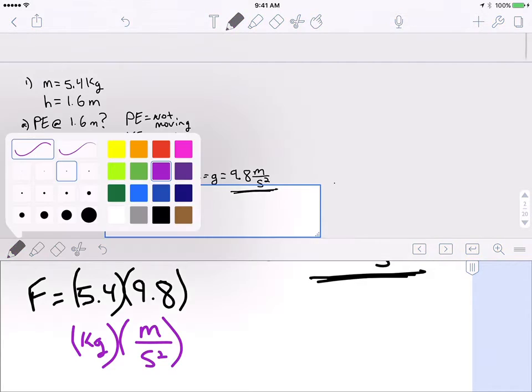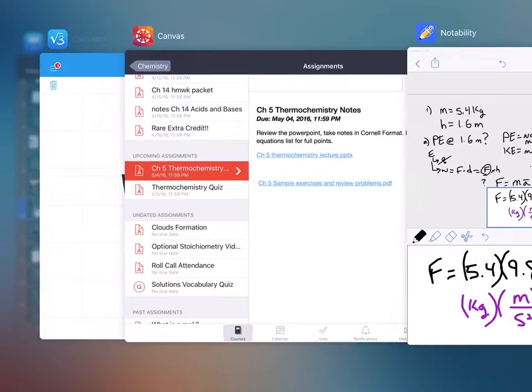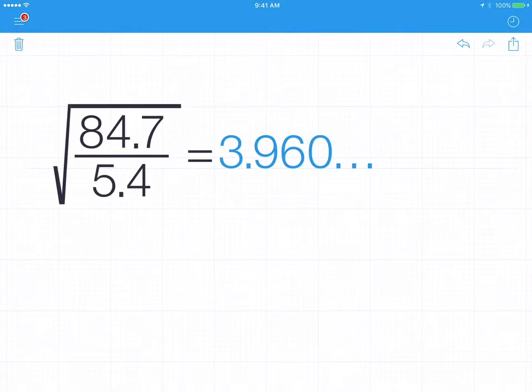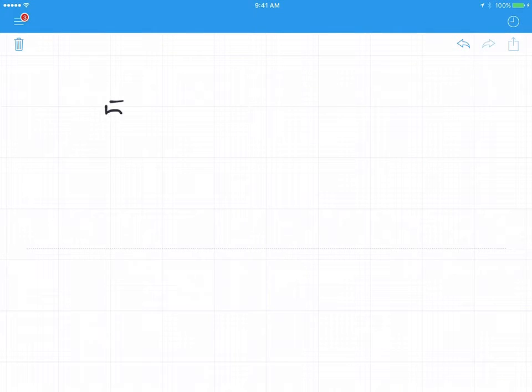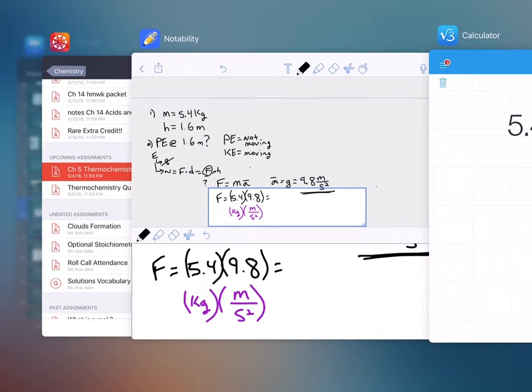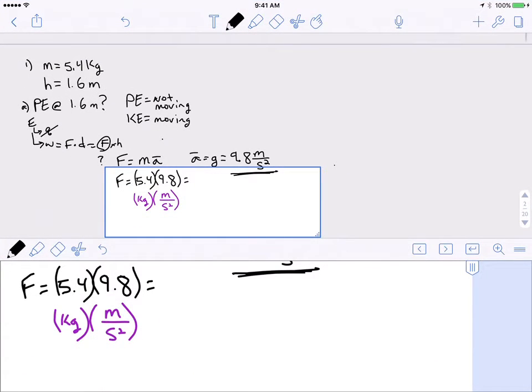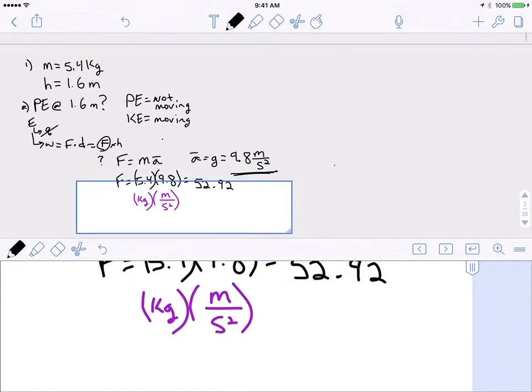So what's 5.4 times 9.8? 5.4 times 9.8 is equal to 52.92. Excellent. So we have the force now.